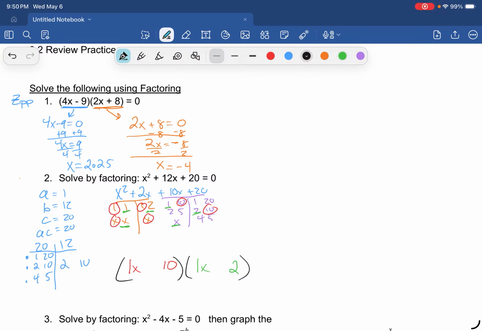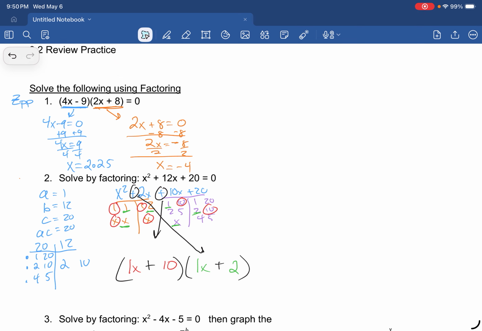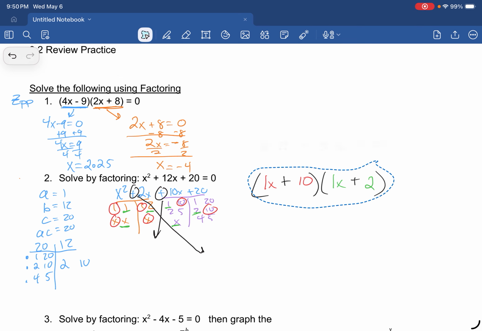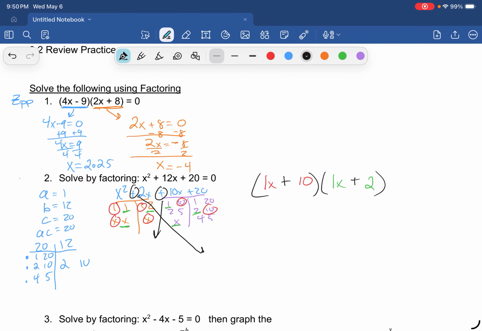Finally, for my signs, this sign drops down, this sign drops down for those two pluses. Now, I've only factored. I need to solve. So I'm going to take this, drag it over here so I have more work. And when I solve, I put this back equal to 0. Now, once again, we're back in the same world as number 1.